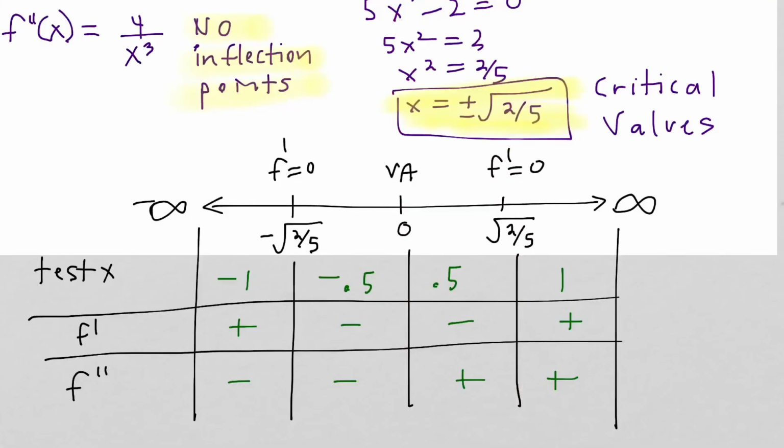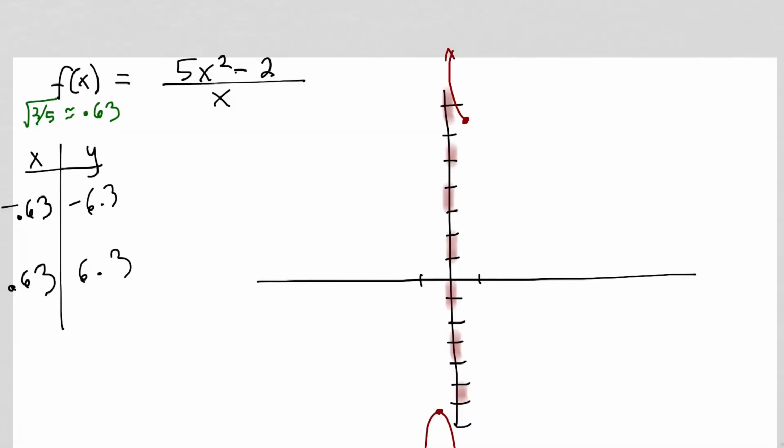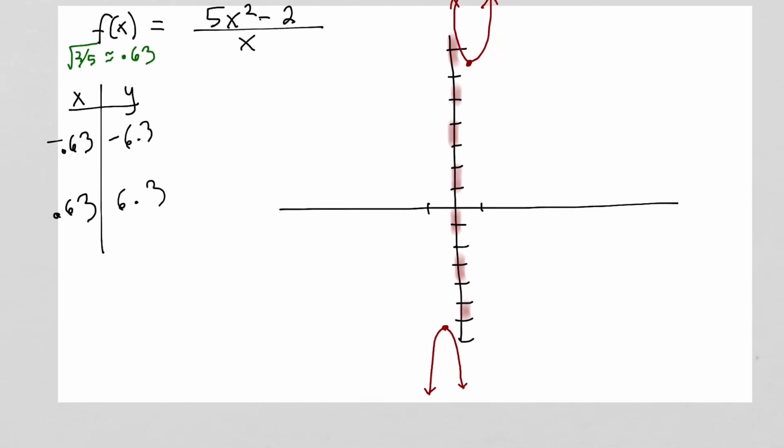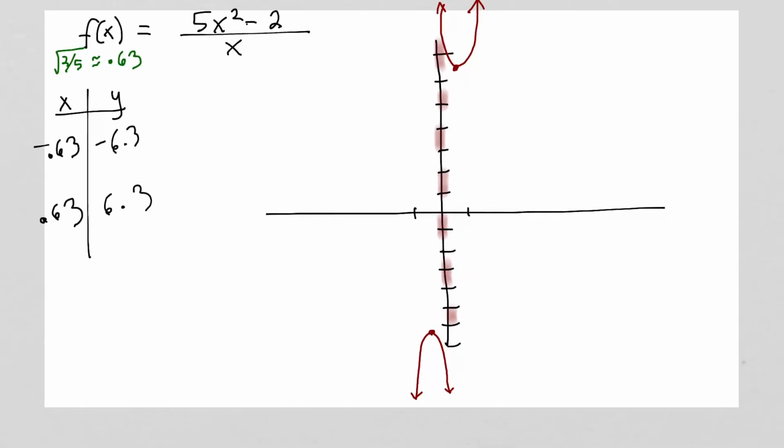And then to the right of that, I've got positive slope, concave up, like that. So this is what this graph looks like. Basically, we did say it has a slant asymptote, so it's probably going to go out at an angle like that, but this is roughly what we've got. Pretty close.